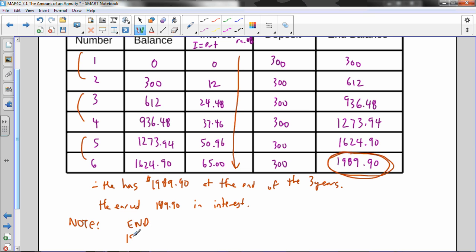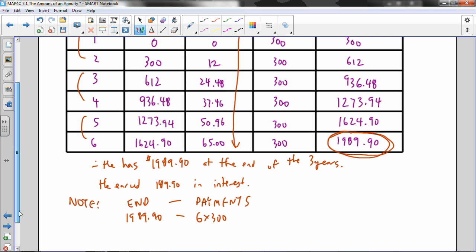At the end he had $1,989.90, but quite a lot of that was his payments, right? He made 6 payments. So I could subtract off the 6 payments that he made to figure out how much interest he actually earned, right? And that's the same $189.90. Check that out.